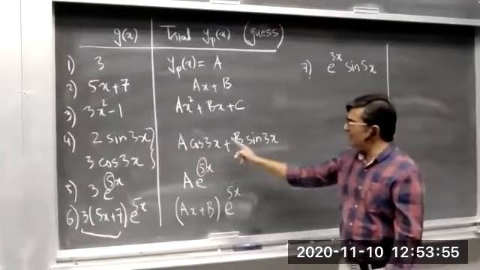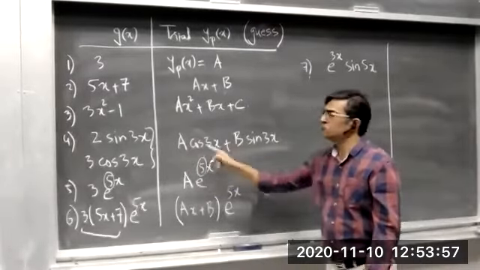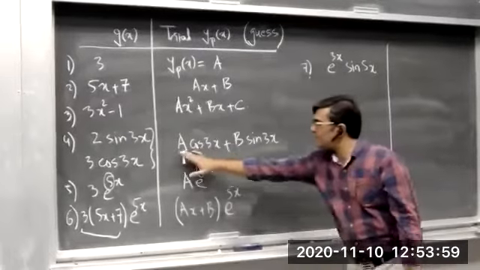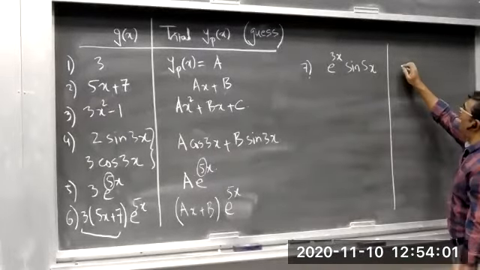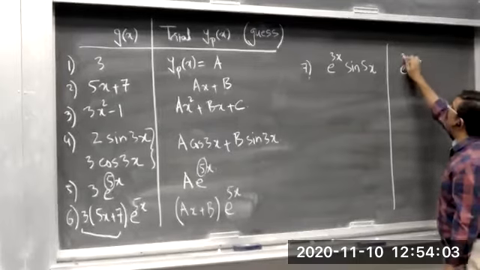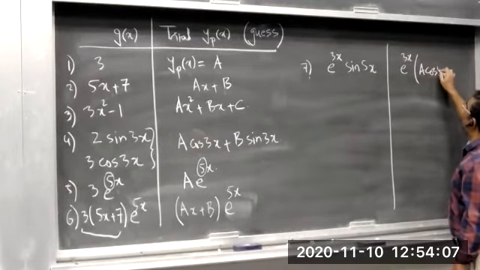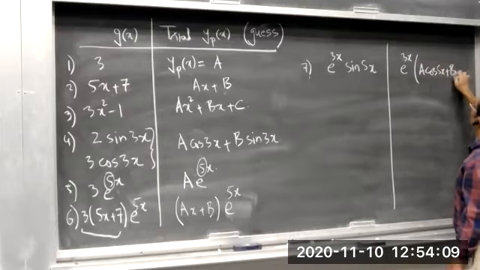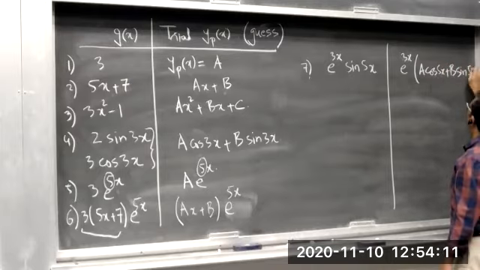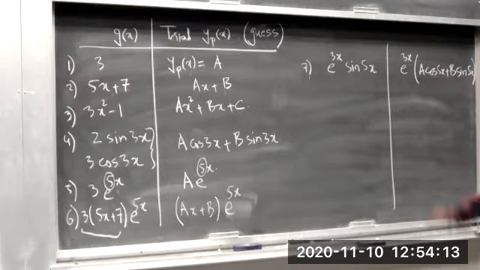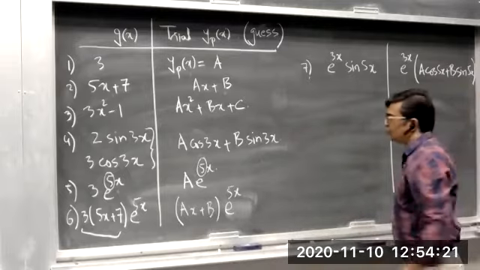So when we multiply these two, this constant will be adjusted here. So we assume that yp in this case is e raised to power 3x times a cosine of 5x plus b sine 5x. This will be basically the initial guess for the particular solution.